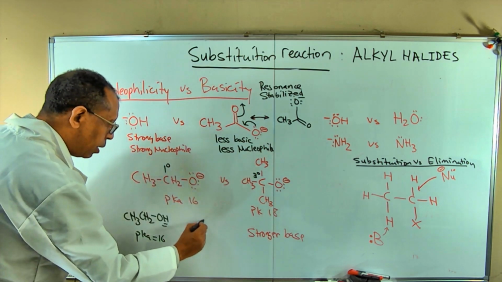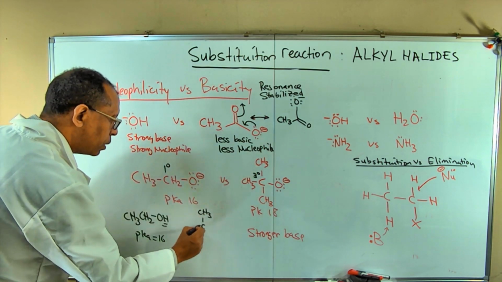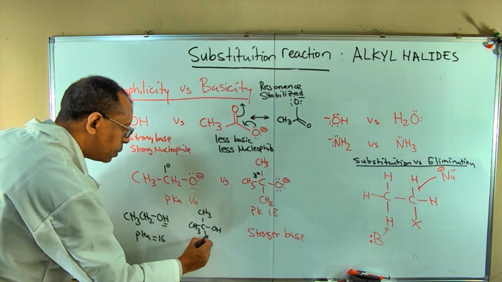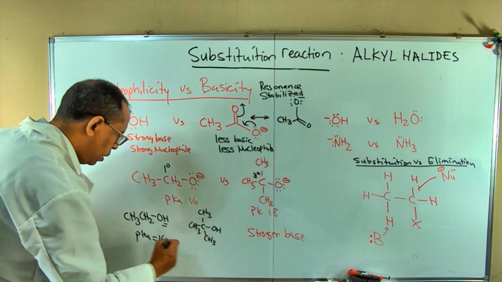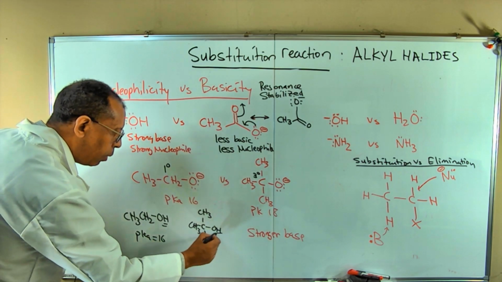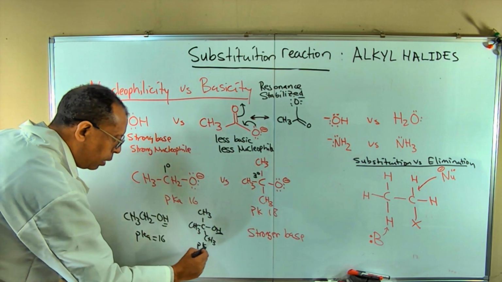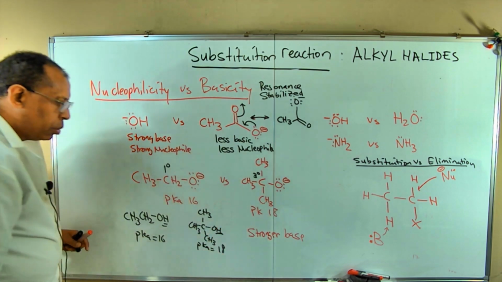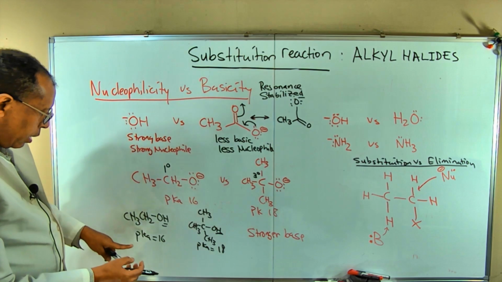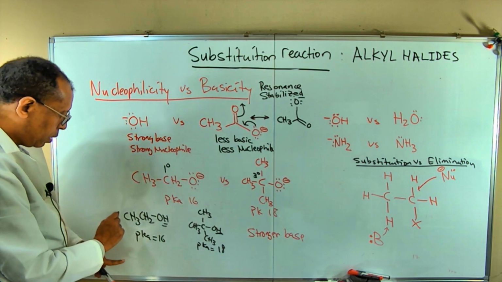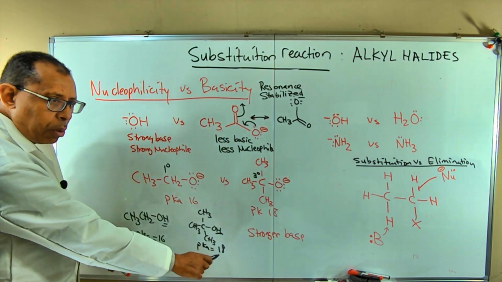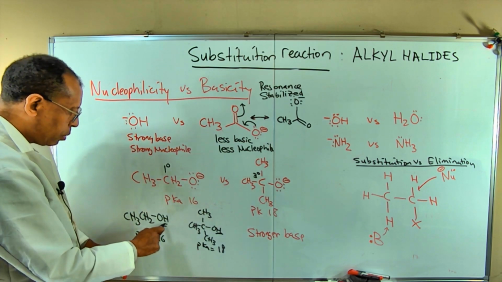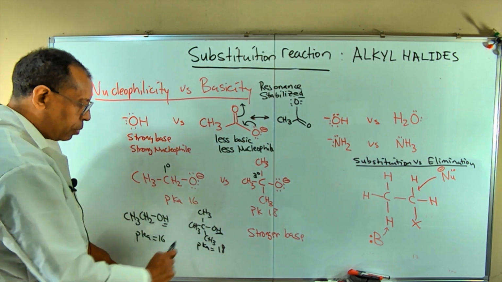Versus if you just look at this, the pKa value for that alcohol hydrogen is 18 as given. So which one is a stronger acid? The stronger acid would be this. Just by two orders of magnitude, this is more acidic. This proton is more acidic than that proton.